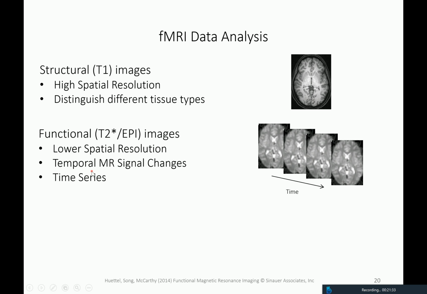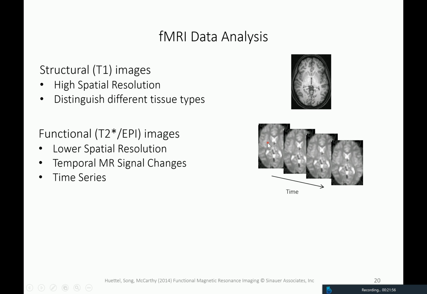From a functional EPI scan, you get a time series of images. You acquire each of these functional images in 1 or 2 seconds, so you can make a picture of the whole brain at this resolution every, let's say, 2 seconds.